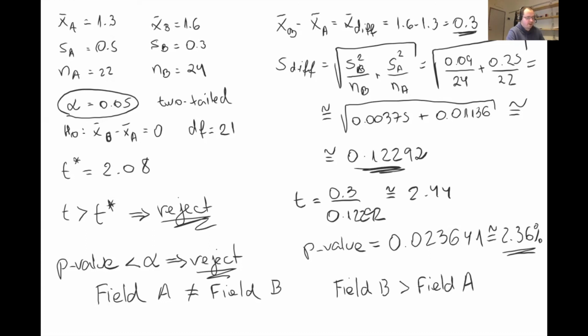They're not the same, they're different, so obviously one is larger than the other. So you conclude that plants from feud B are larger than plants from feud A.